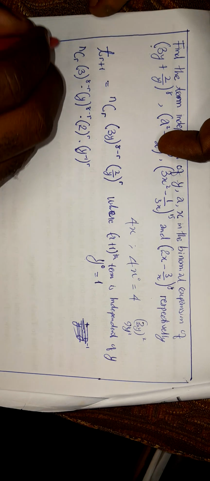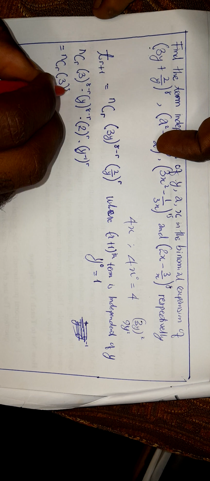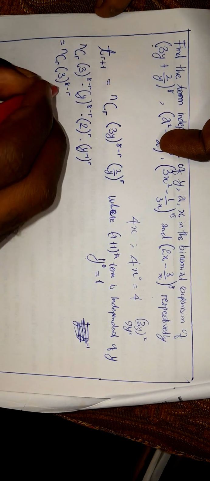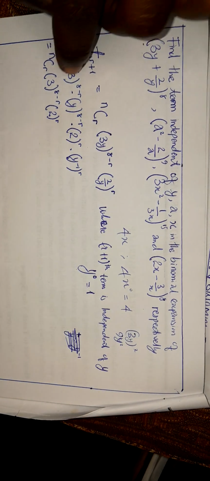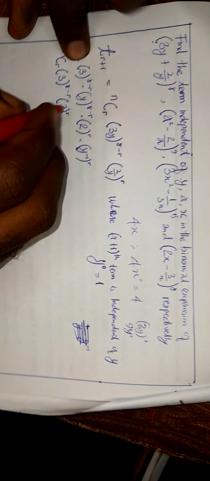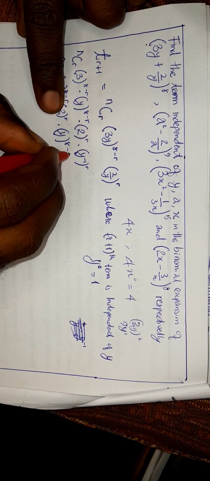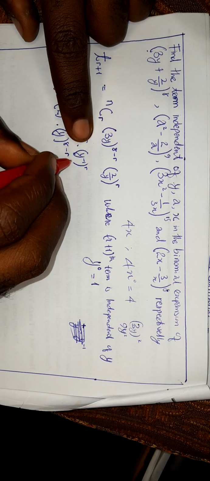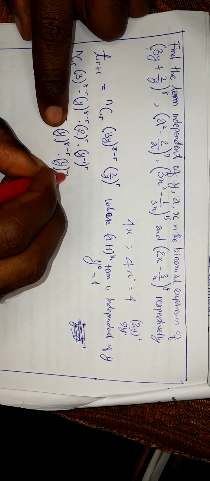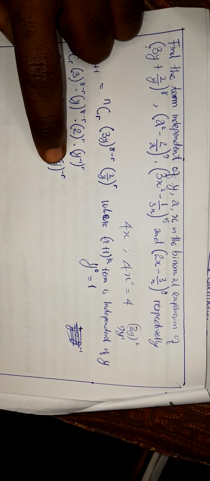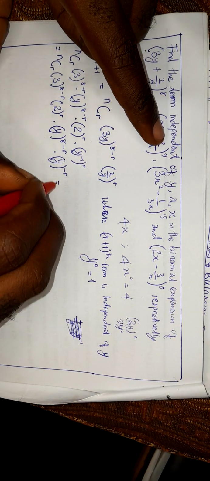Okay, so I'm going to pick n combination r, 3 raised to the power 8 minus r, 2 to the power of r. As you can see, I'm taking away the constant. Now I'm left with y to the power of 8 minus r times y to the power of minus r. I know in multiplication it means addition of powers. So this is what we'll be having.